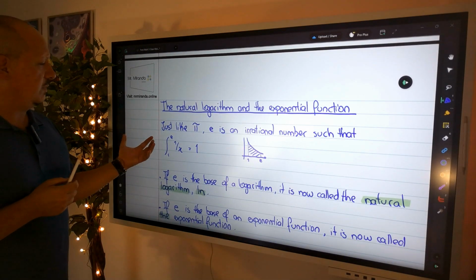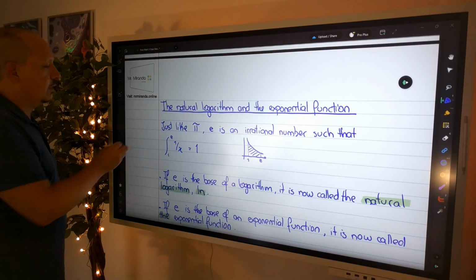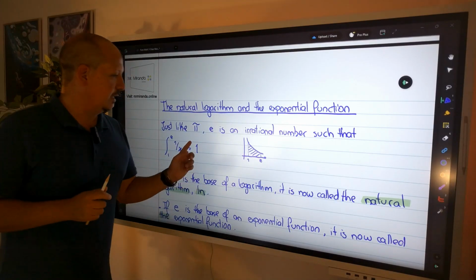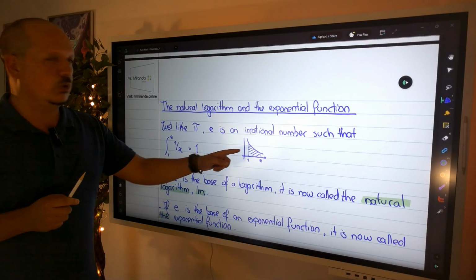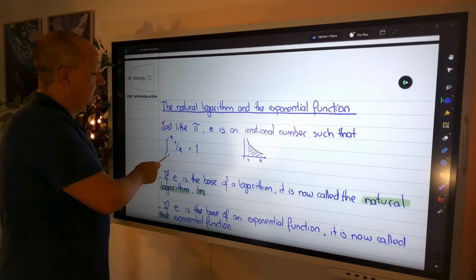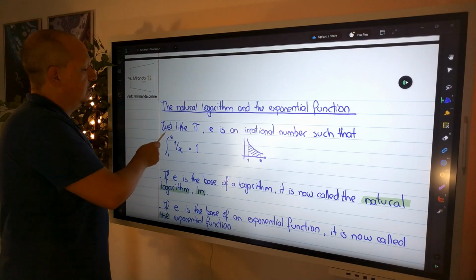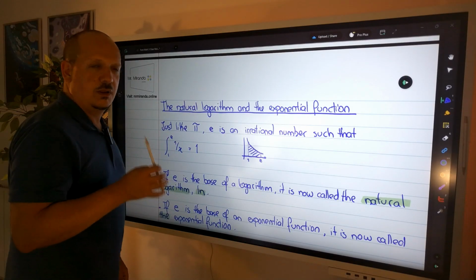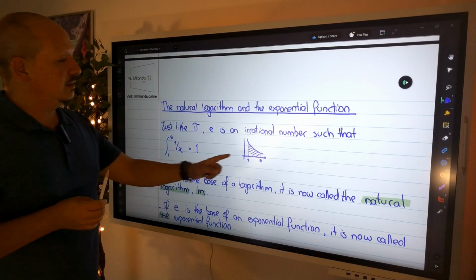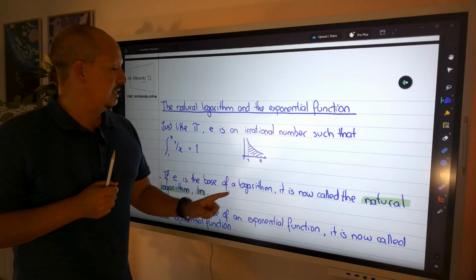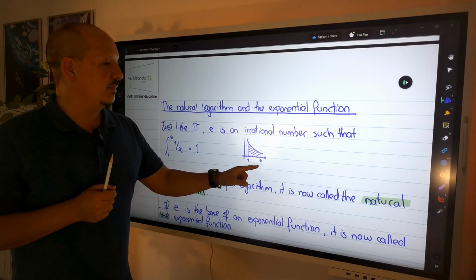So if you try to get the integral of 1 over x, and you want beforehand that the area of it is 1 unit, starting with value 1, what value would you need to write over there so that the result is 1? By solving this, we can figure out that we get a value that is called e.